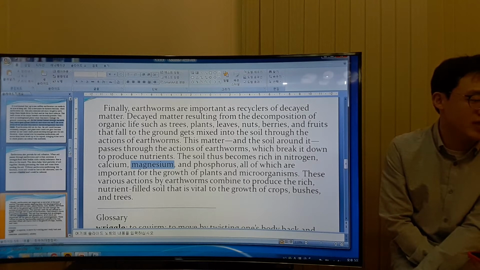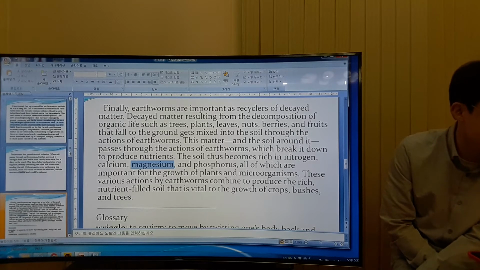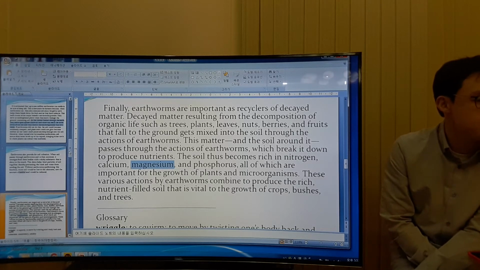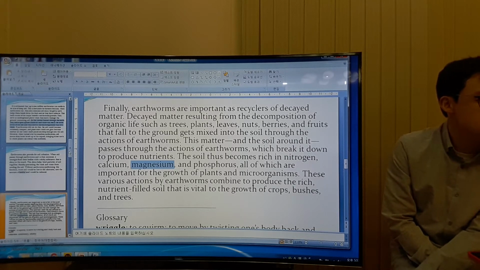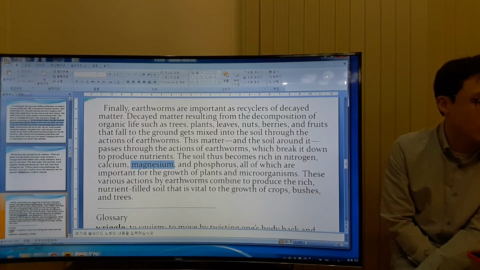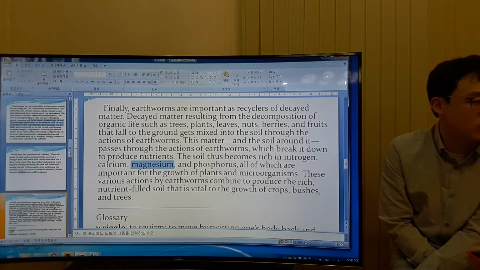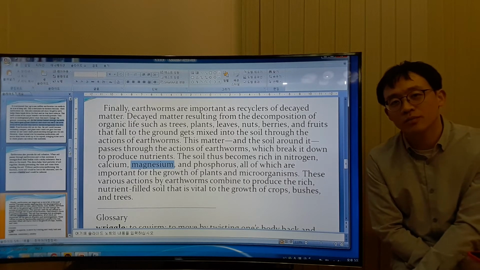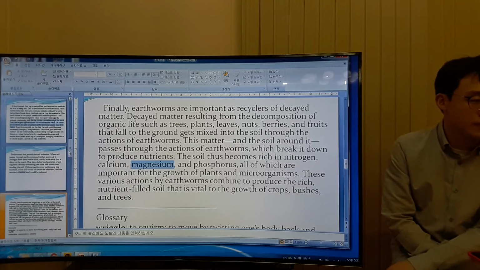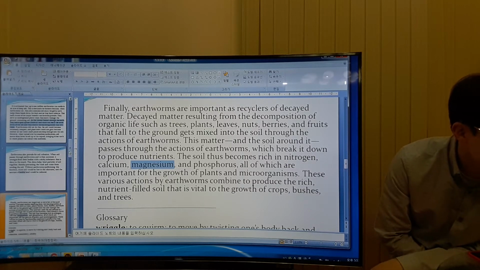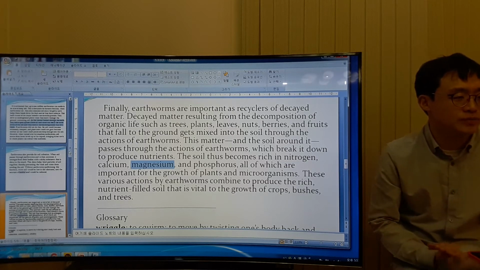Organic means related to living, life, okay? So when trees, plants, leaves, etc. decay, they fall to the ground. It gets mixed with the soil by what the earthworms do.